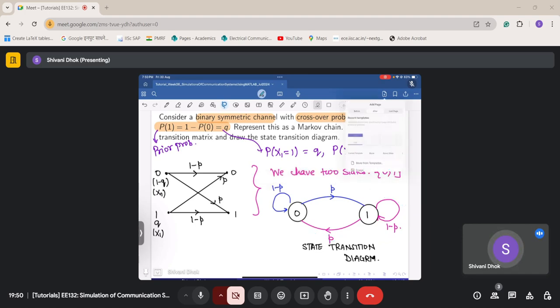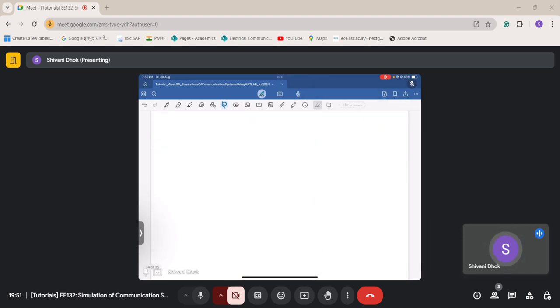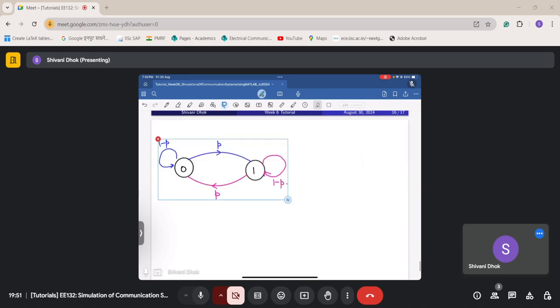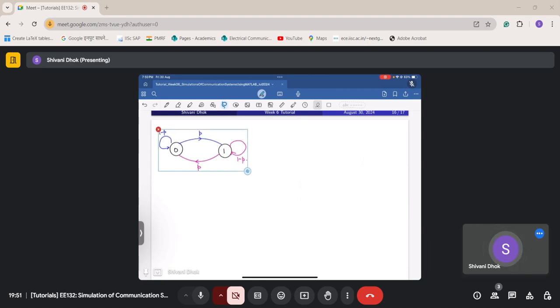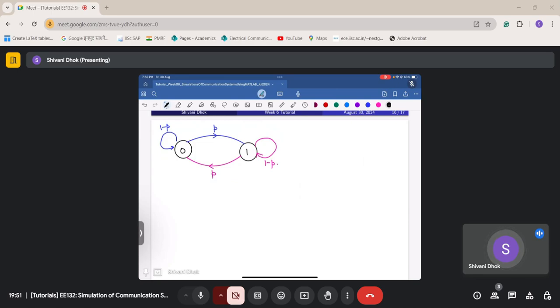Now another thing we need to figure out is your state transition matrix. The probability that x(n+1) is 1 given xn equal to 0 is p. The probability that x(n+1) equal to 1 given xn equal to 1 is 1 minus p.